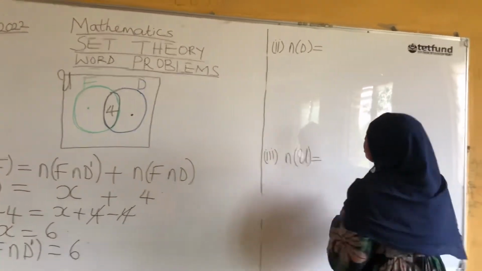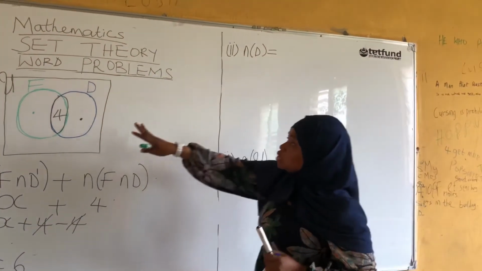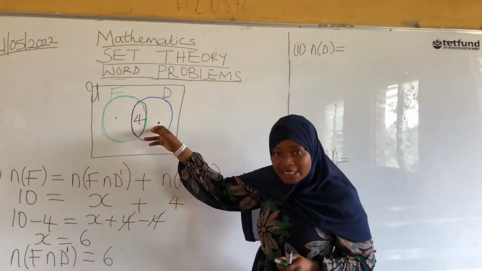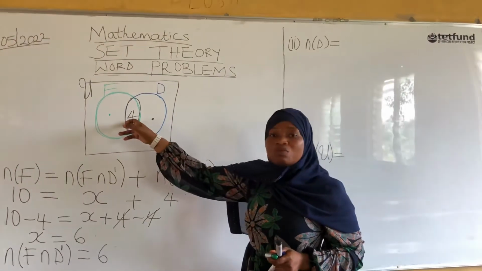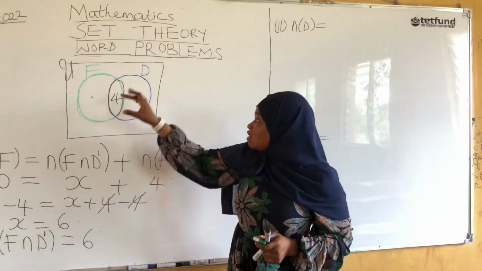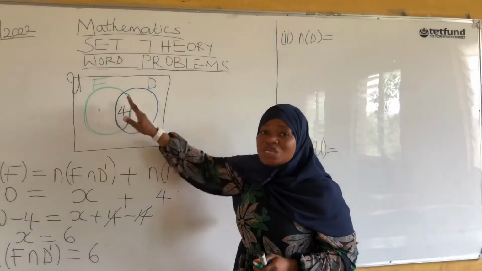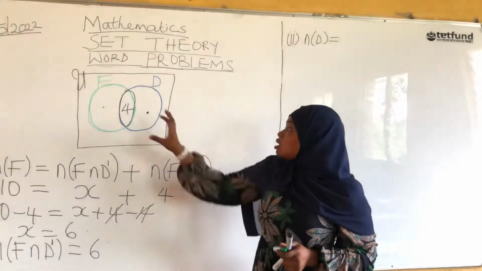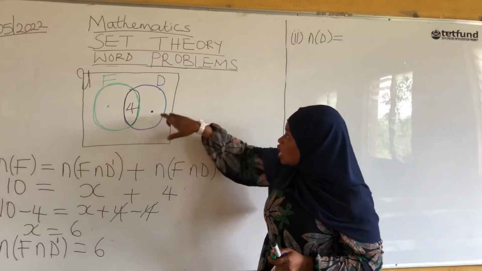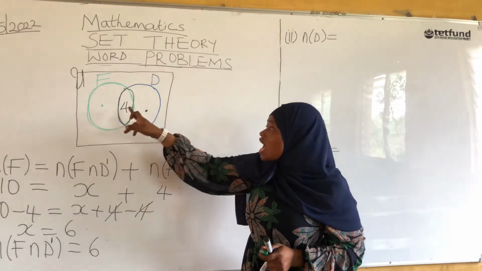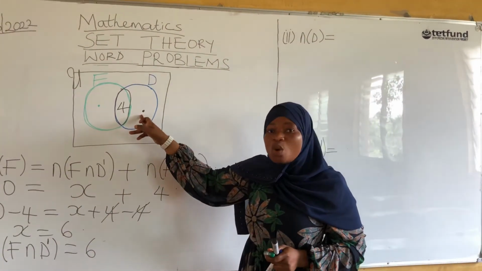Number 2, everybody that dance to disco will be those that dance to disco only and those that dance to Fuji and disco. Disco only means those that do not have anything to do with Fuji at all. So everything inside this circle consists of those that dance to Fuji and disco plus those that dance to disco only.